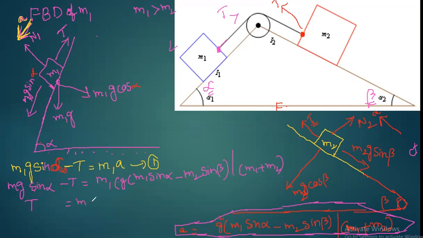So T is equal to m1g sin alpha minus m1 square g sin alpha minus m1 m2 g sin beta, this whole divided by m1 plus m2. I am erasing this because I substituted.